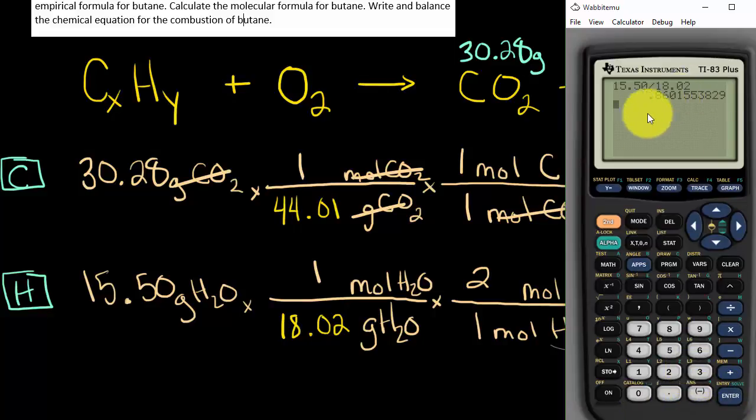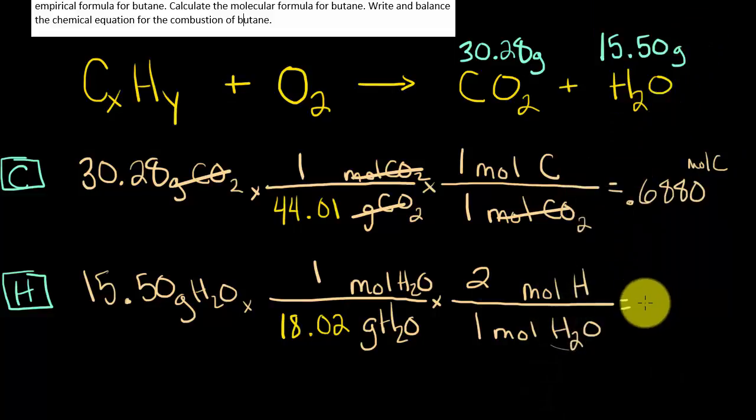Let's just leave that in the calculator and then do this last calculation. This 2 in the numerator tells us that we need to multiply that final answer by 2. And we get 1.720. And so we're going to keep a couple digits there. We're going to keep that 1.720. And this is moles of hydrogen.